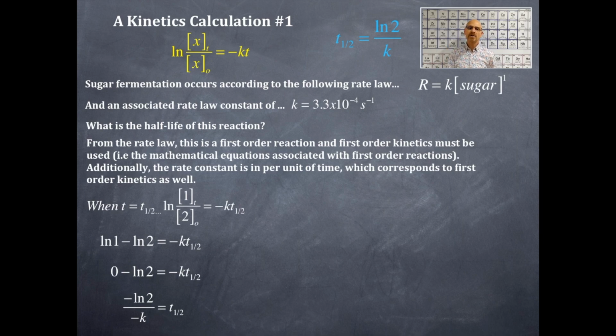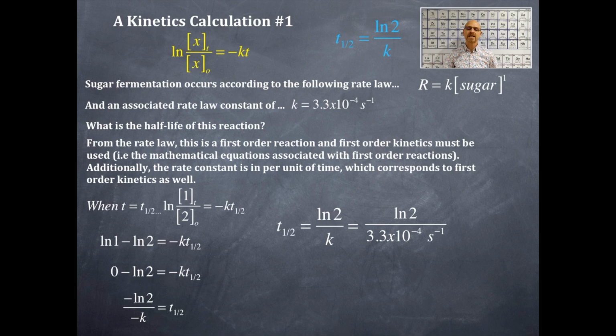Okay, so now that we know the integrated rate law and we know the half-life equation for first order kinetics, now we can actually solve this problem at hand. Because what we are looking for is the half-life for this reaction. So t of 1/2 is equal to natural log of 2 over k. We know that. Natural log of 2 is a number. K is given in this problem at 3.3 times 10 to the negative 4 per second.